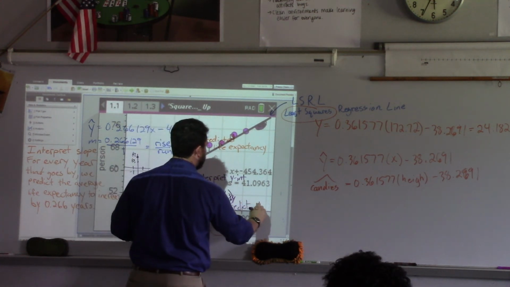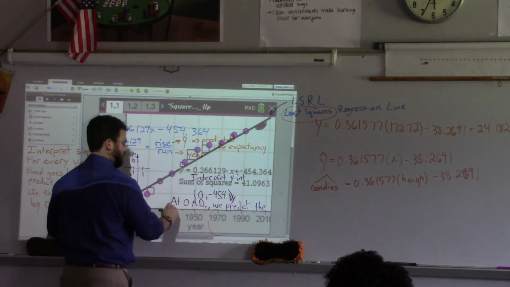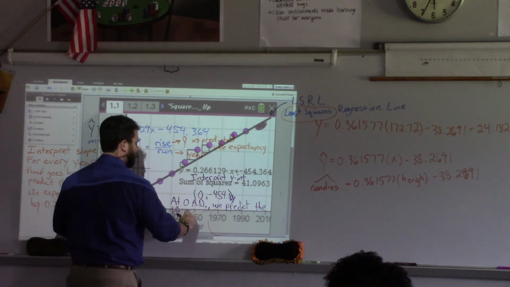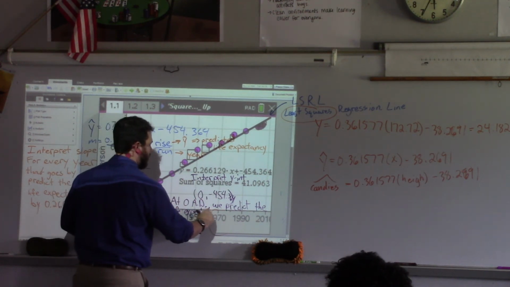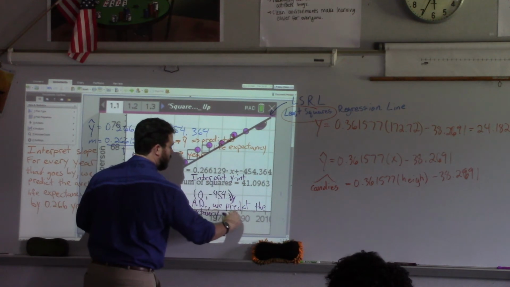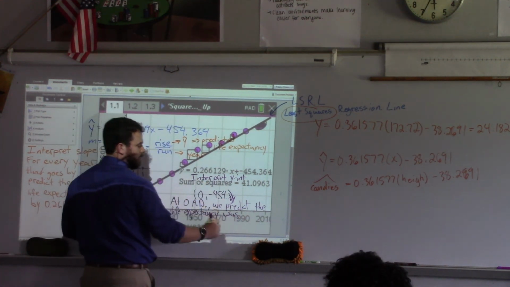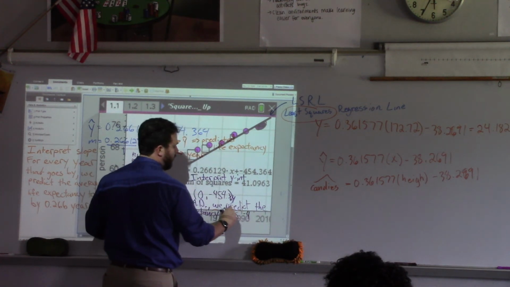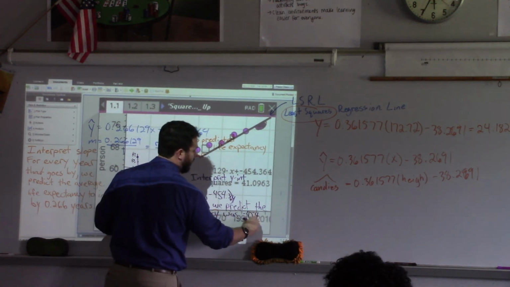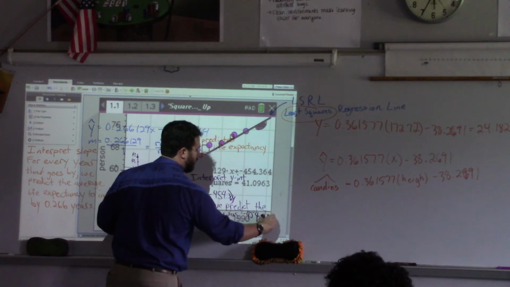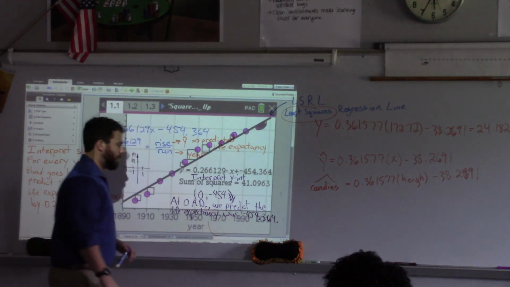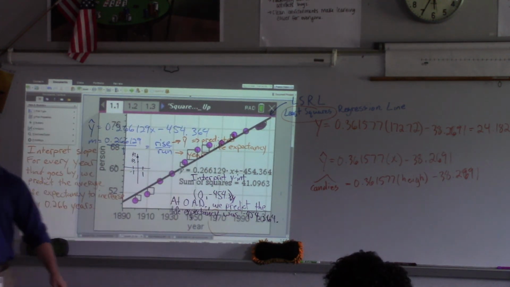The life expectancy was, right? There's just year 0. The life expectancy was what? Negative 454.364. That's how we would interpret that y-intercept.